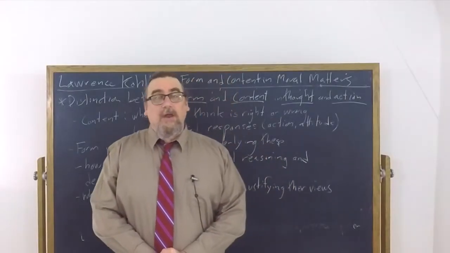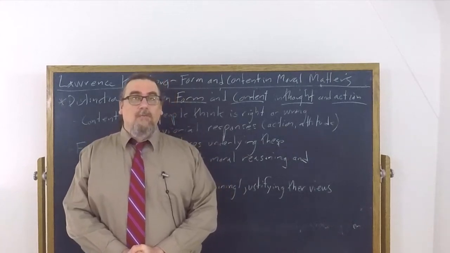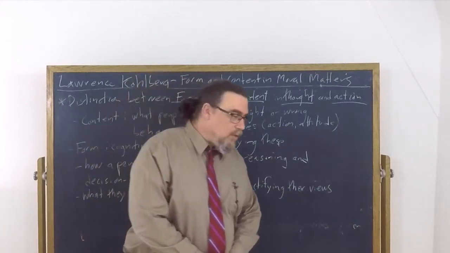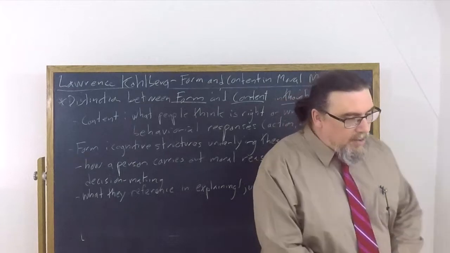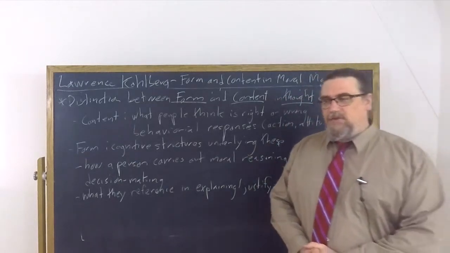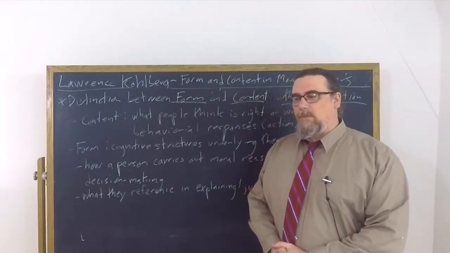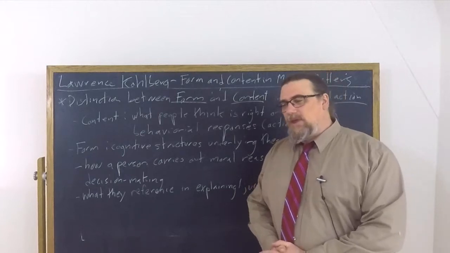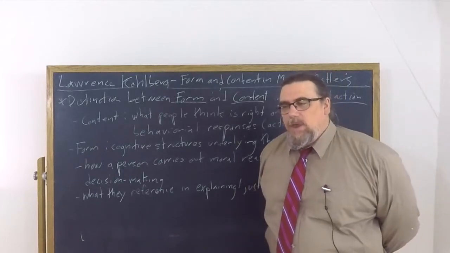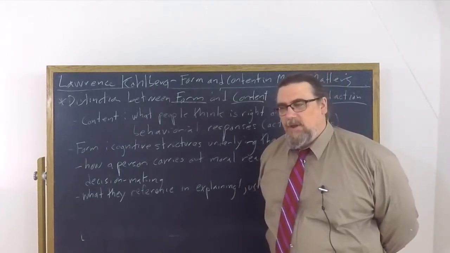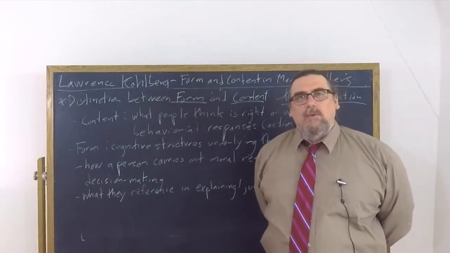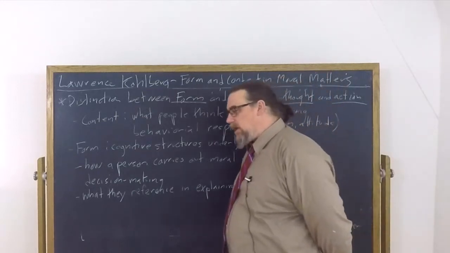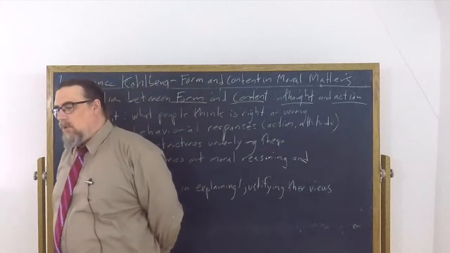In articulating for us his theory of moral development, Lawrence Kohlberg sets out a number of distinct stages of moral development, and he also tells us that he's more interested in form rather than content when it comes to moral reasoning.